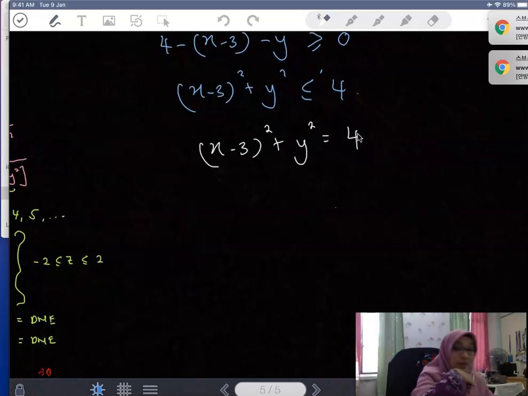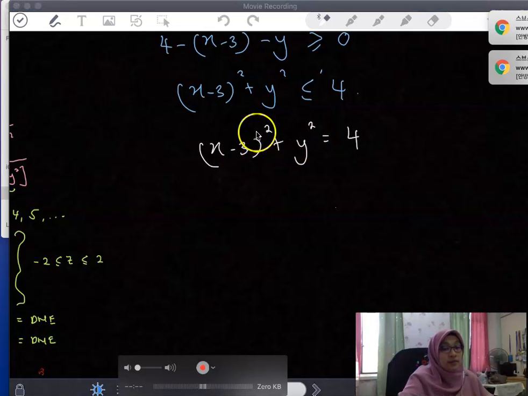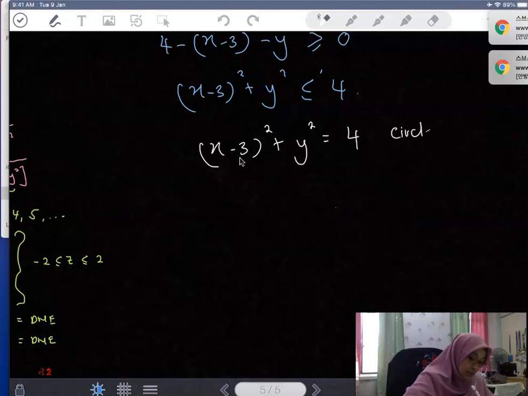Remember, I already shared with you last week how to sketch the circle, where you have to take note of the center of the circle and the radius. In this case we have a circle with radius 2 and the center at (3, 0).